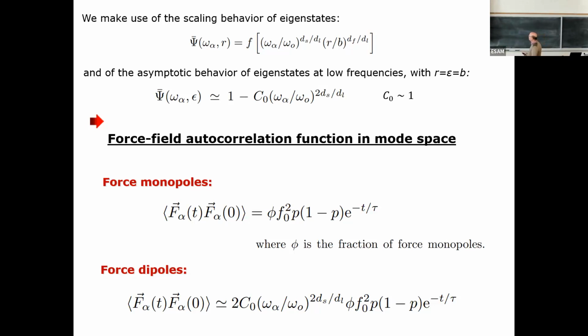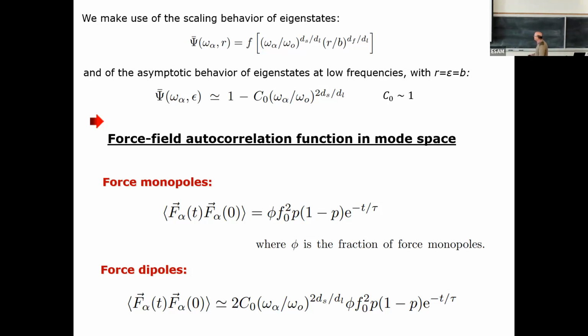If you know the behavior at low frequencies and at the shortest length scale, then this is the behavior. This has been studied for a long time on percolation clusters. But let's try to move on. Maybe numerical results will be easier to understand.